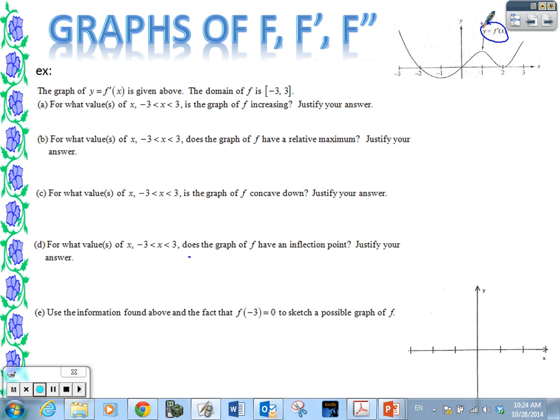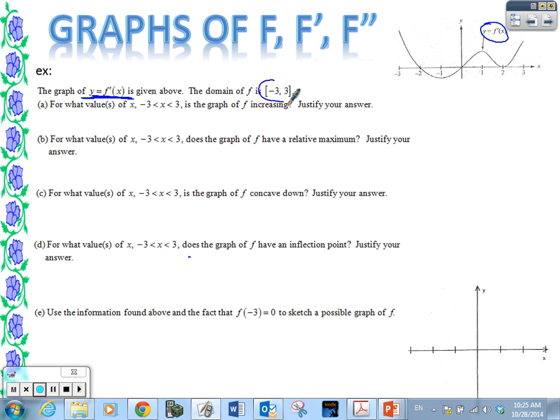It is not a position function, because we would read them completely differently. So we have first derivative. I'm going to have to answer questions about the first derivative, and they tell me over here again. They kind of tell me twice it's the first derivative, just hoping that we don't mistake it for something else.